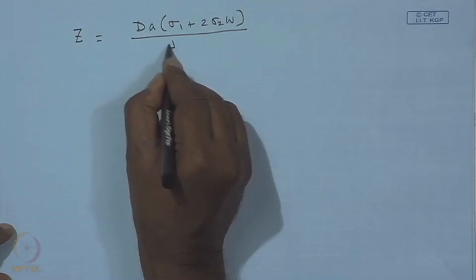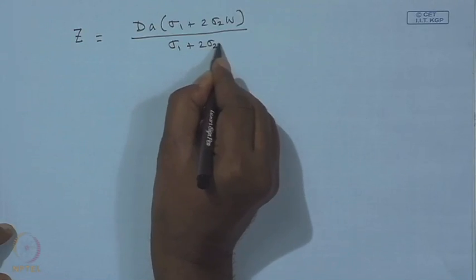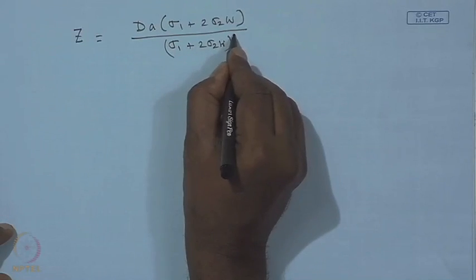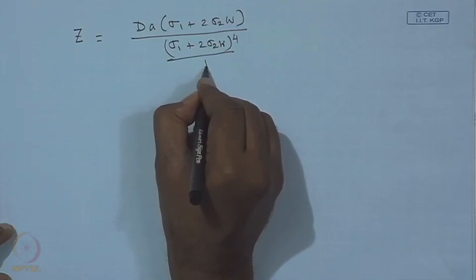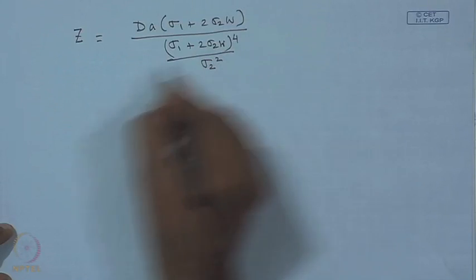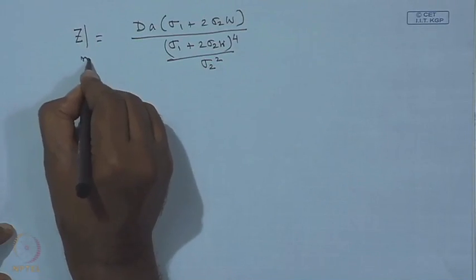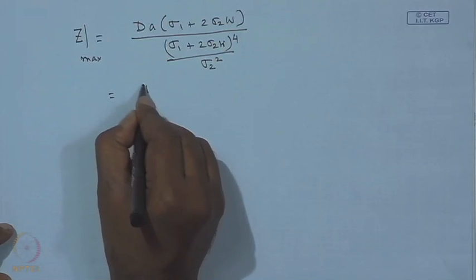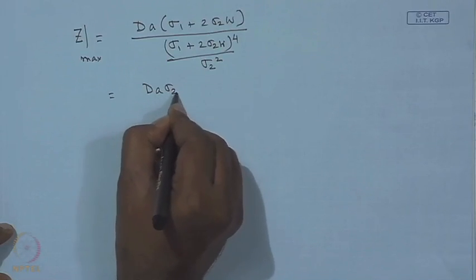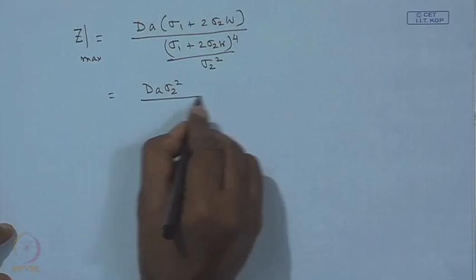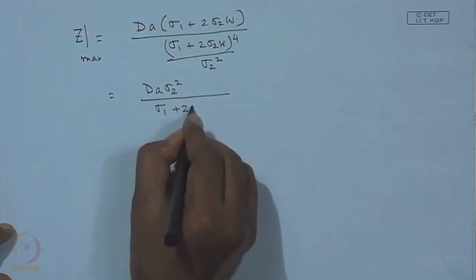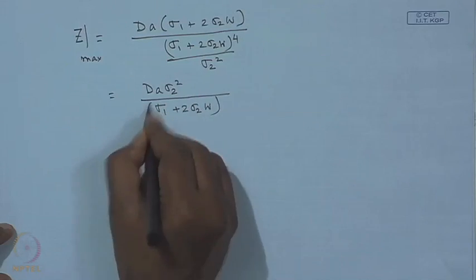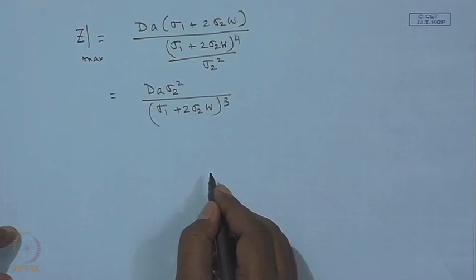So, therefore, this will be sigma 1 plus 2 sigma 2 W square of that. So, it will be 4 divided by sigma 2 square. So, at the maximum value of Z, this will be dA sigma 2 square divided by sigma 1 plus 2 sigma 2 W to the power 3.